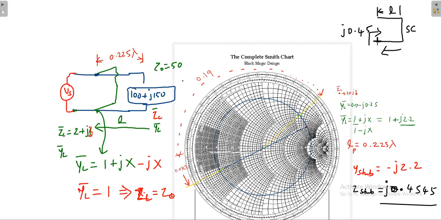Now what is the length of this stub? Anybody? What is the idea? From the Smith chart, how to get the length of this short circuit?